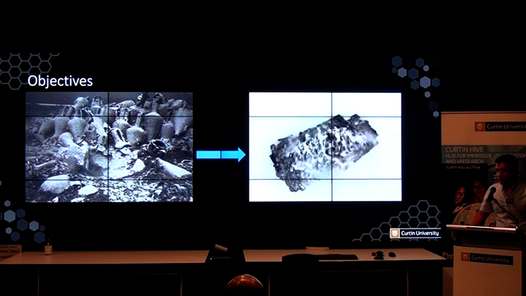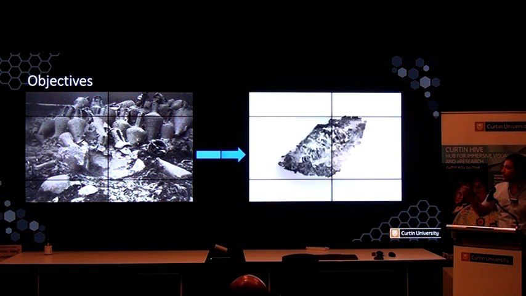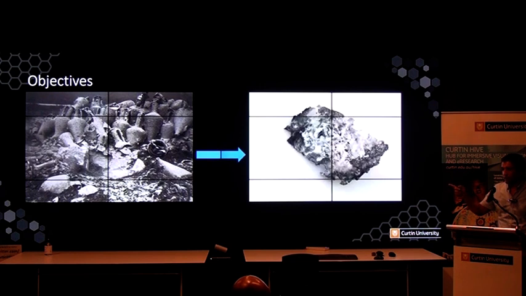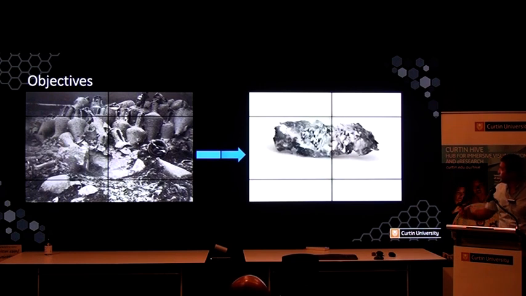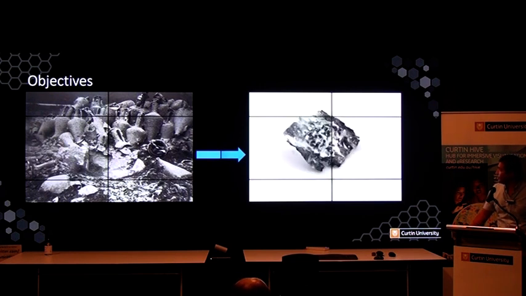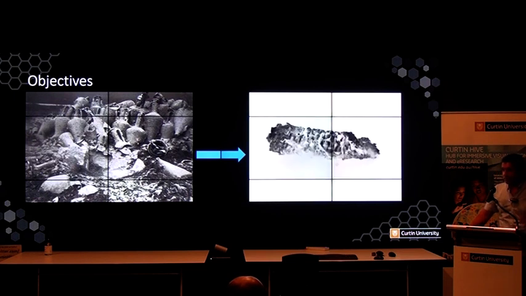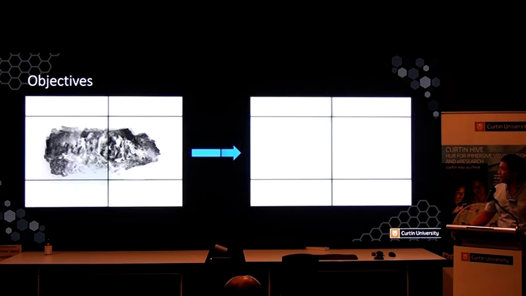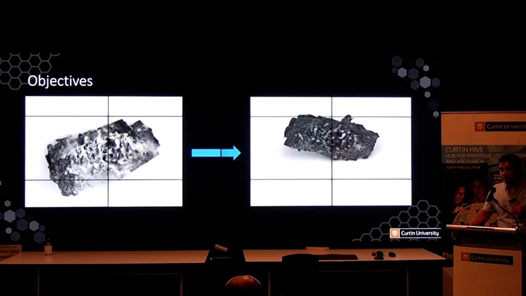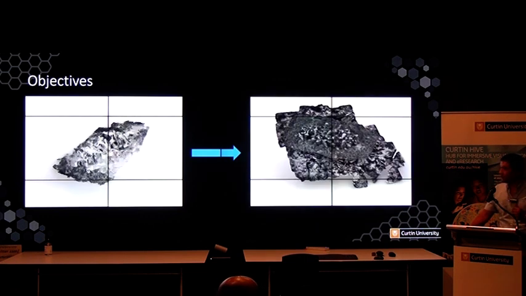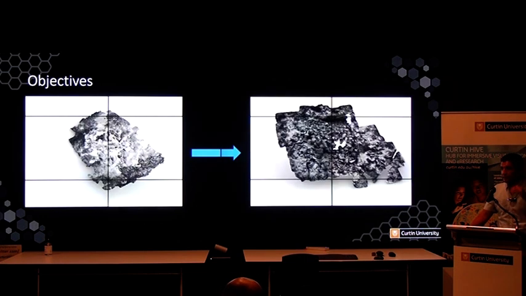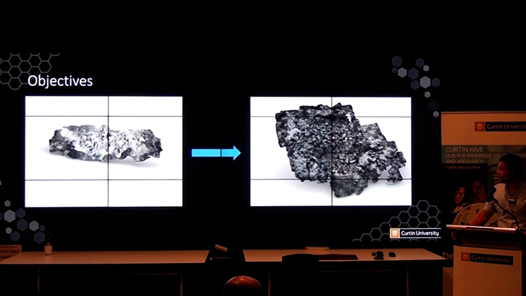The objective of this project simply is transforming the 2D images into a 3D model, as you can see here. So the 3D model can be used for further steps, then repeating this step for the following levels and building the temporal 3D models for the whole cargo.